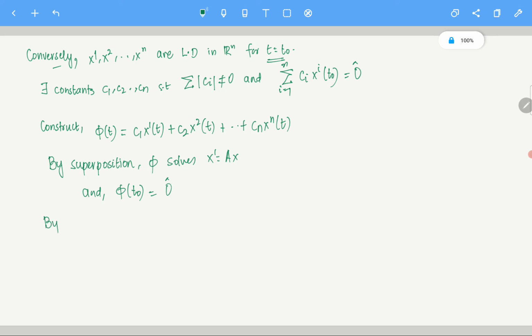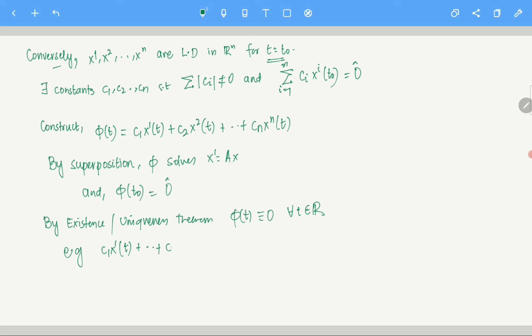So by the existence and uniqueness theorem, φ(t) is identically equal to 0 for all t in R. That is, c1 x1(t) plus ... plus cn xn(t) is 0 for all t in R. What you have got then is that the sum of |ci| is non-zero, at least one of the ci's is non-zero, and it satisfies this relation.